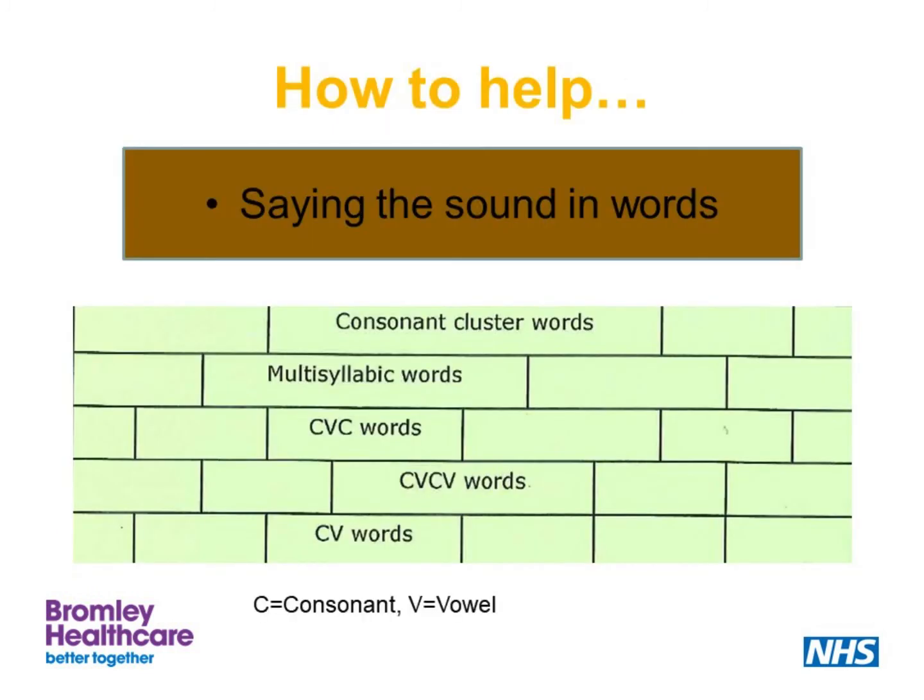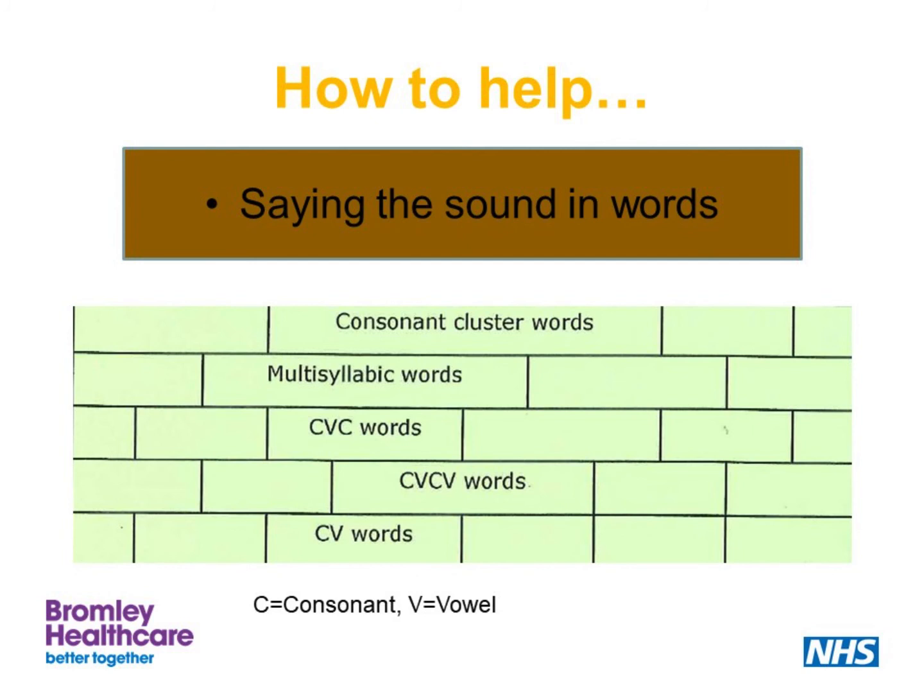Once a child can use the sound confidently and consistently in syllables, you can work on practicing the sound in words. This is a step-by-step approach, and it's really key, particularly when you're working with children with severe speech sound difficulties or verbal dyspraxia, as these children are likely to need lots of practice at this stage. So start with CV words.